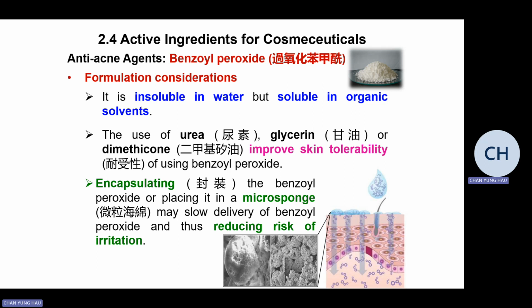Encapsulating the benzoyl peroxide, for example as microsponges, may slow the delivery of benzoyl peroxide and reduce the risk of irritation. That's why it is strongly suggested to use the microsponge dosage form of benzoyl peroxide.